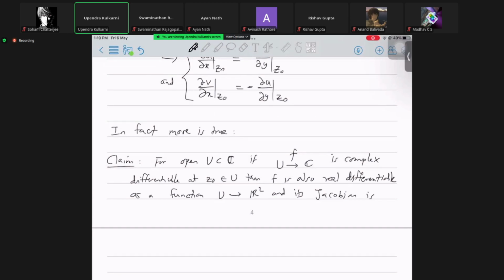So f is equal to (u, v), with u and v real-valued functions.